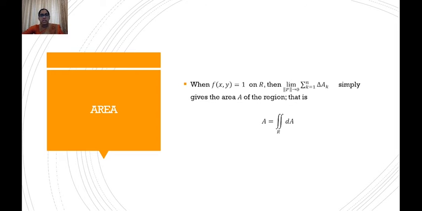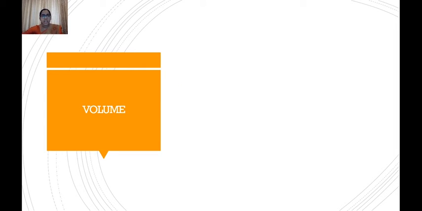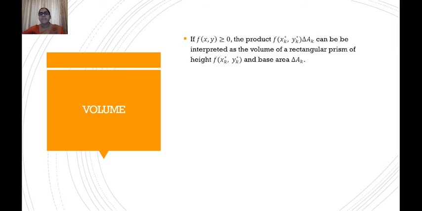So now let's move on to the next definition, that is of volume. In case of volume, we are going to consider f of x,y greater than or equal to 0. Till now, first I'll just give you the idea behind it, and then we will move on to the picturization of it.